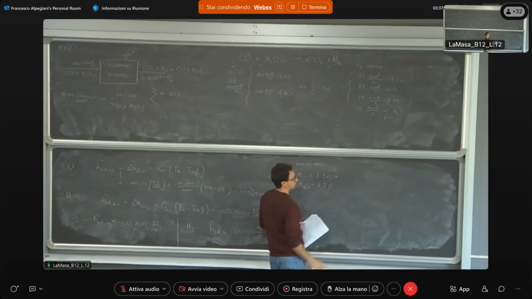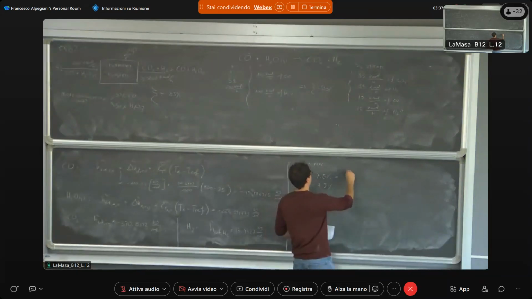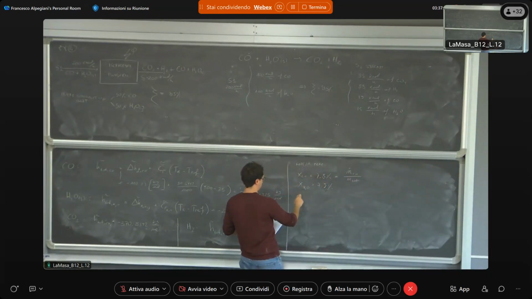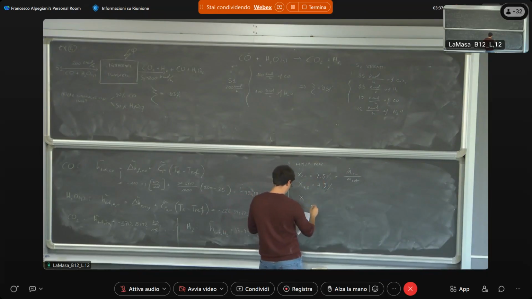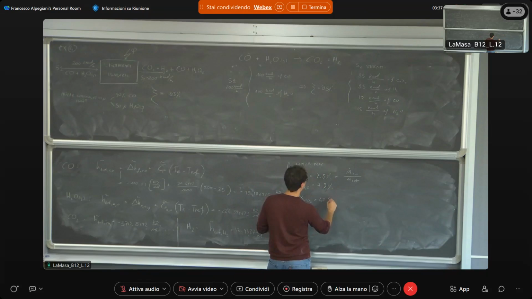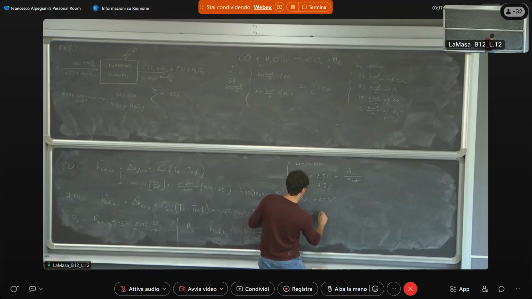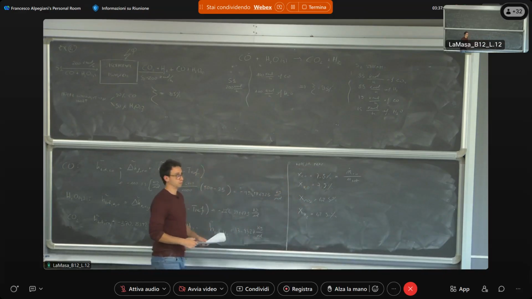This is evaluated always as n of CO divided by n tot. X of CO2 is equal to 42.5%, and X of H2 is equal to 42.5%.